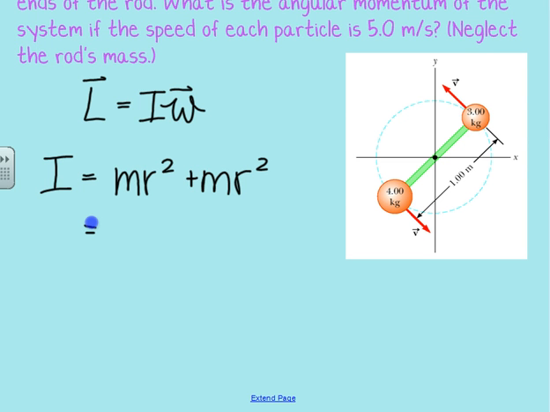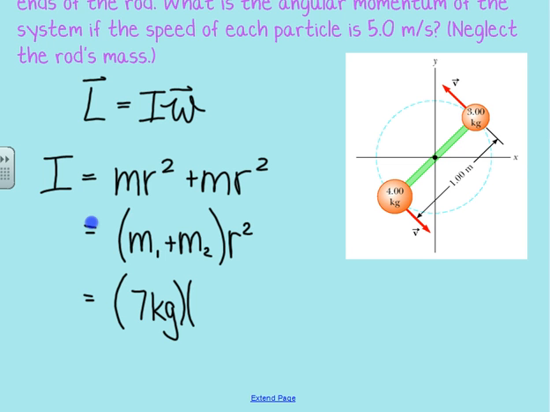The r is the same for these two particles because they're the same distance from the axis of rotation. So I can factor that out. So I end up with m1 plus m2, which is 7 kilograms, times r squared. R is 0.5 meters. So we square that, and we end up with a moment of inertia of 1.75 kilogram meters squared.